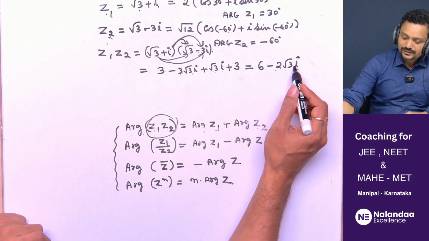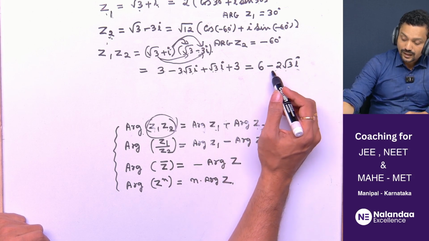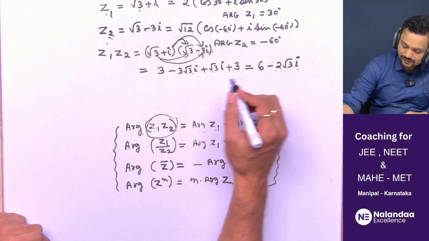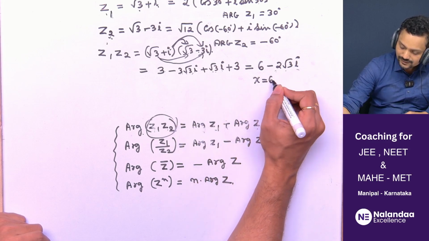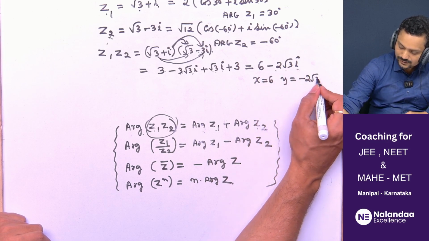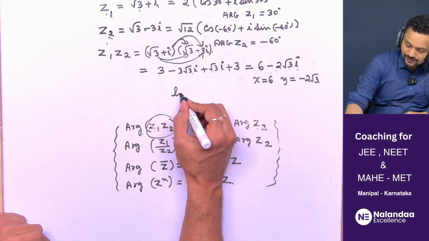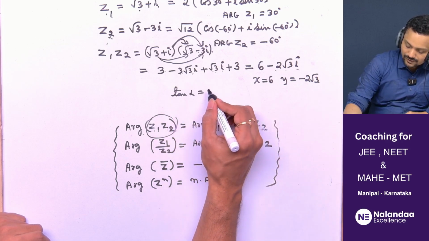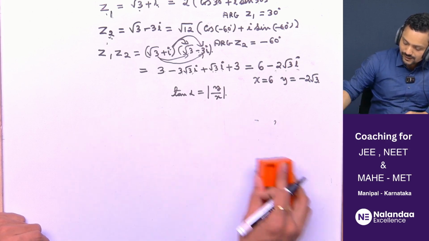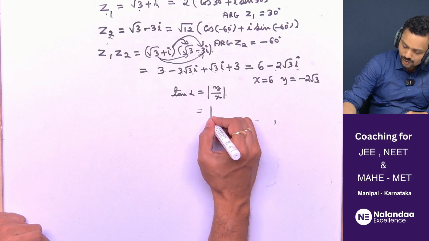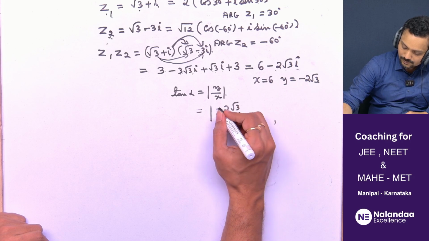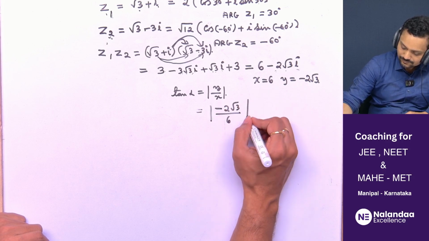Now quickly I will find the argument of this complex number. Here you can see x is equal to 6 and y is equal to minus 2 root 3. If I find tan alpha, tan alpha is equal to mod y by x, which is mod of minus 2 root 3 divided by 6.